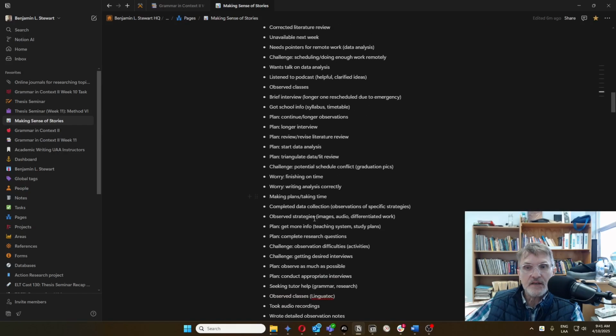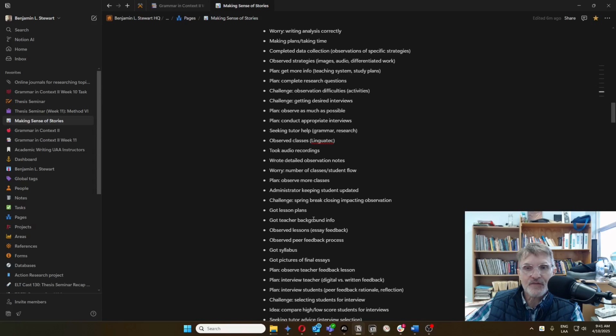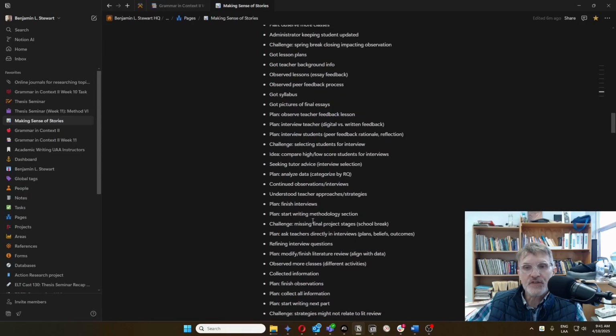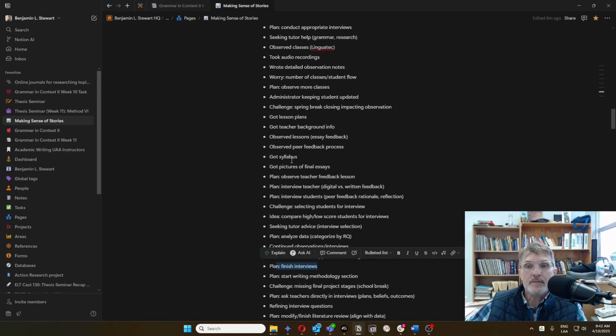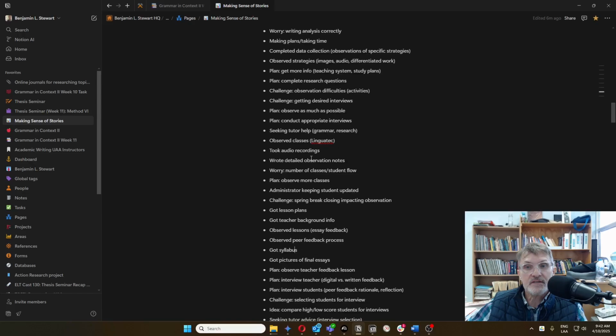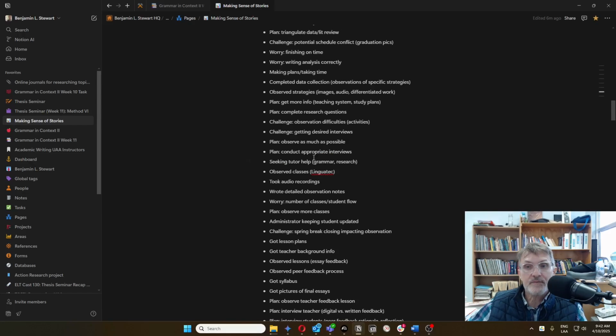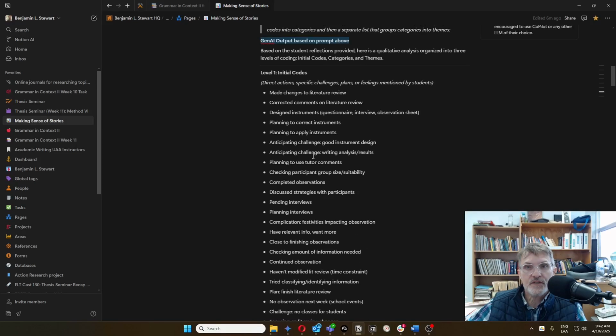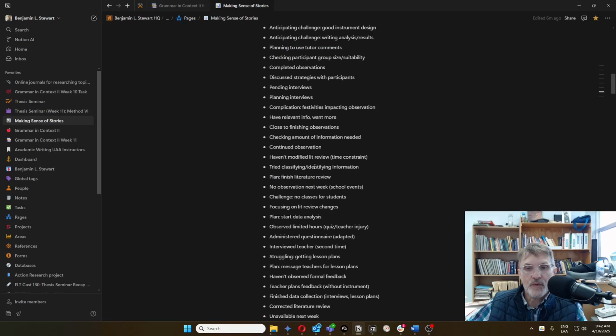But this gives you an idea of some of the very specific codes that stemmed from the week 10 reflections. So some of the reflections talked about finishing their interviews, and this is what they plan to do. They plan to start writing the method section. They got the syllabus. This is just codes, just items or labels that were generated based on the reflections that were included for week 10.